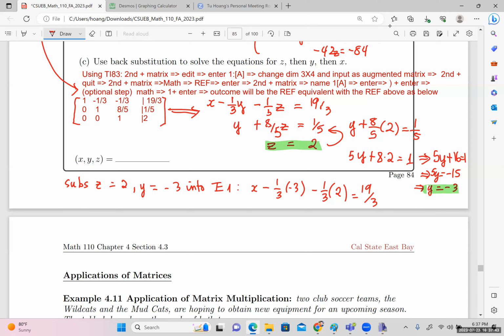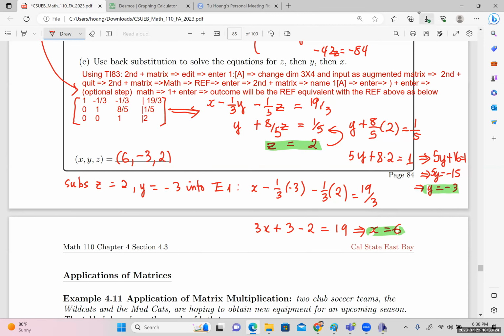I will leave you to multiply by 3 both sides, have 3x plus 3 minus 2 equal to 19. Then you have x equal to 6. So the answer for this one should be 6, negative 3, and 2.